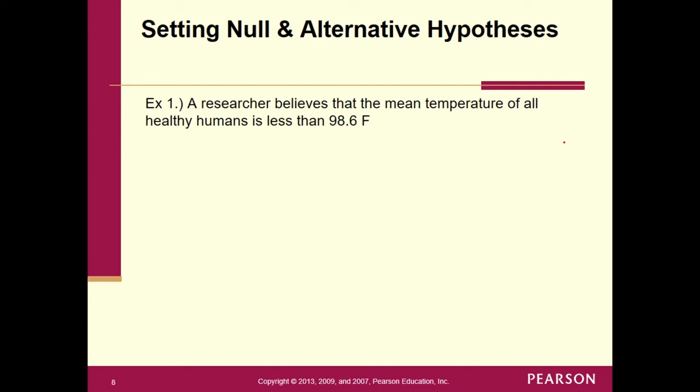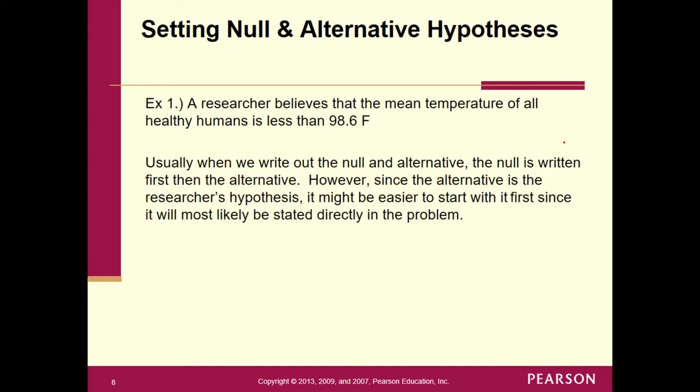We have to pick out that one sentence that tells us what the null and the alternative are. Usually the null is written first, then the alternative. Why do we do that? I don't know. Whoever started hypothesis testing decided to write the null first. However, since the alternative is the researcher's hypothesis, it might be easier to start with it first, since it is most likely to be stated correctly in the problem.